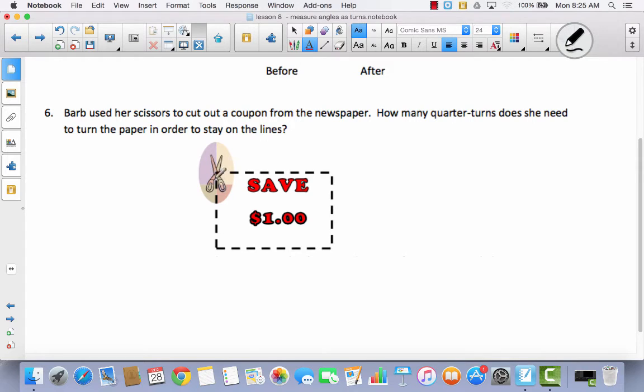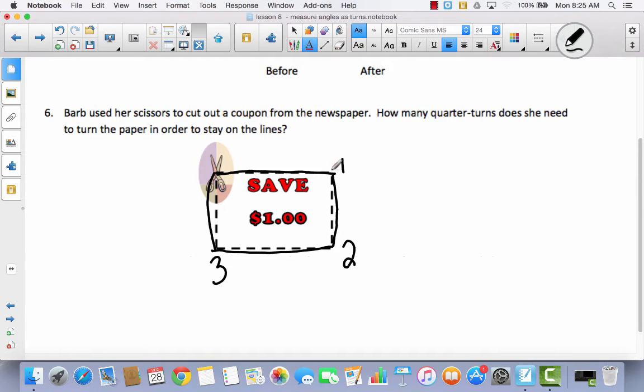All right, well, she's cutting, right? So she starts off cutting this way, and then she's going to make one turn here, and then she's going to make another turn here, and then she's going to need to make another turn here, and then she'll be back here.